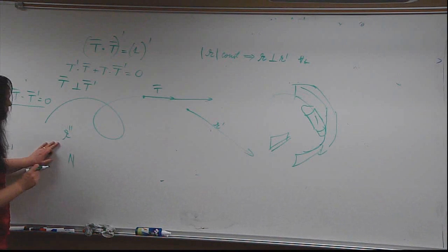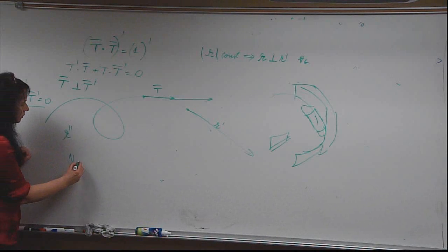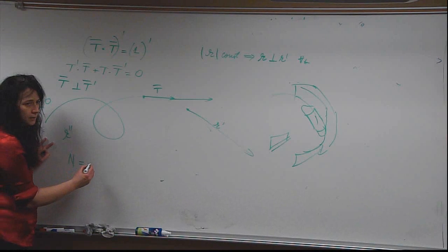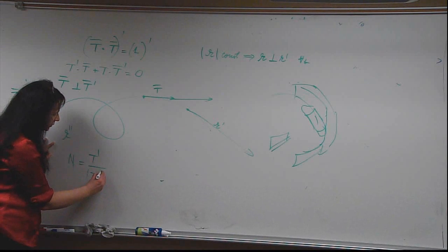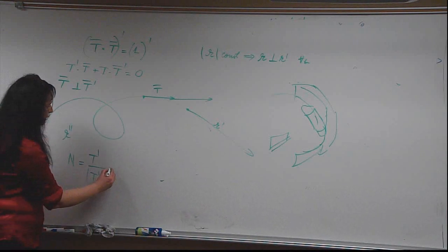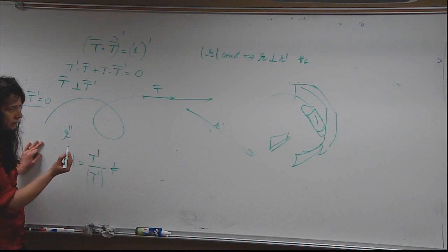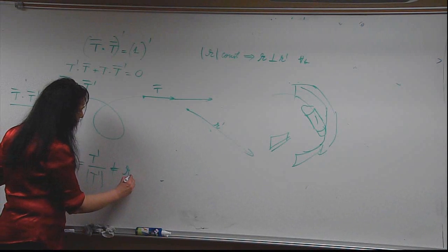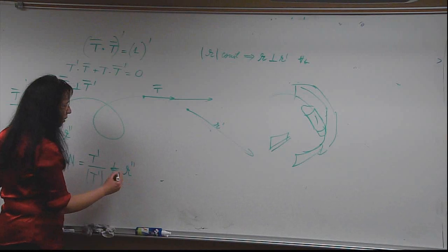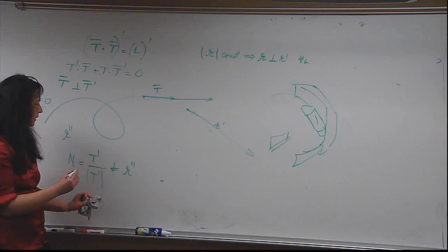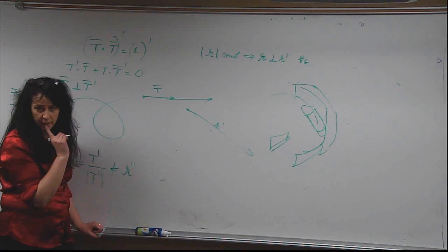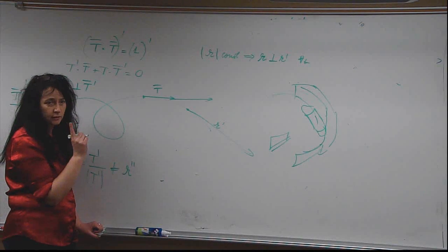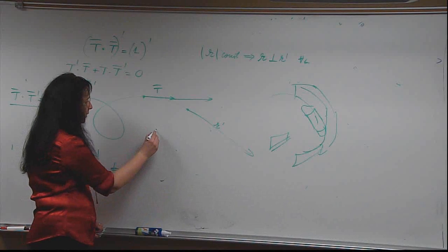So what do you think the magic answer will be? N was what, guys? Remind me again, that was T prime over absolute value of T prime. But that's not equal, in general, to R double prime. When is it equal? If you are in arc length, and you see the advantage of arc length is wonderful.